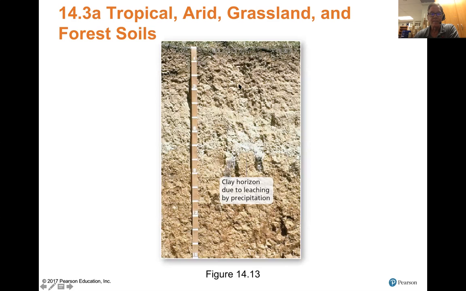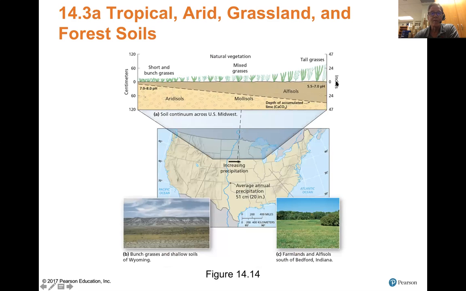Okay, so just a way that scientists go out and they use these horizons to classify the soils. So shallow soil here in Wyoming, alpha soils here in Indiana.